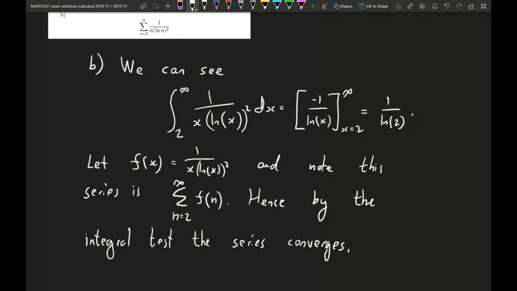Well, unfortunately, that's not a good reason because it doesn't converge, actually. Because the integral of 1 over log x squared, that's a divergent integral.